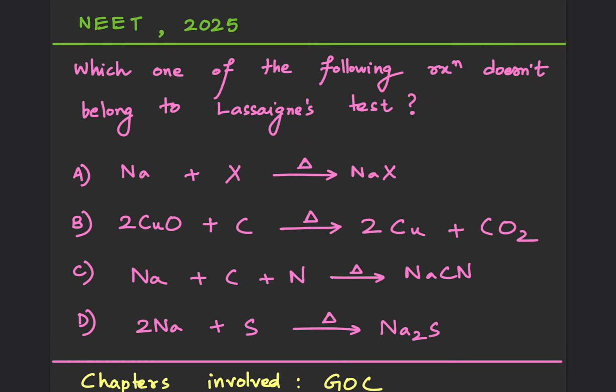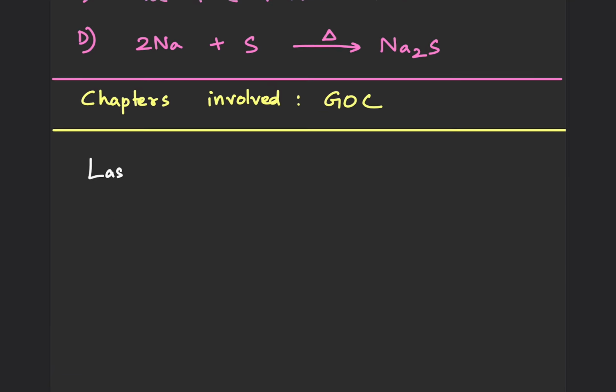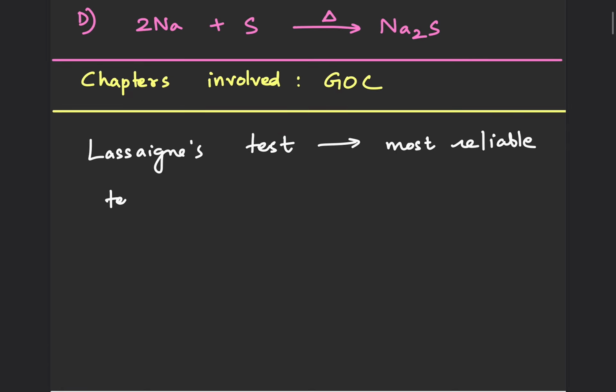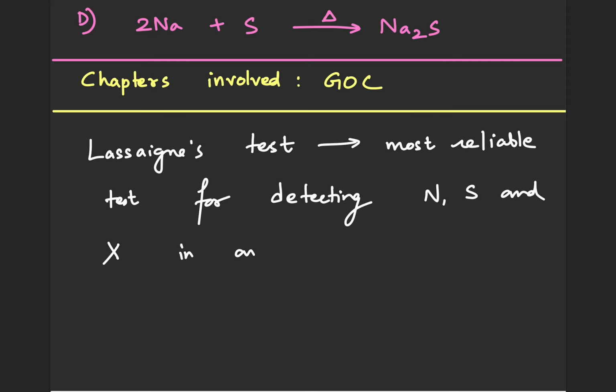test. Okay. So Lassaigne's test is the most reliable test for detecting the presence of nitrogen, sulfur, and halogens in an organic compound.